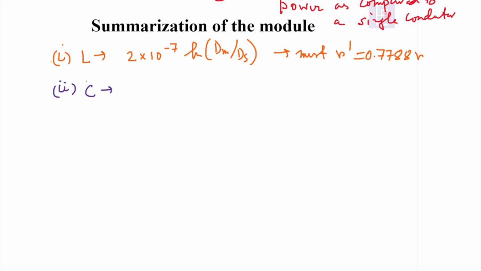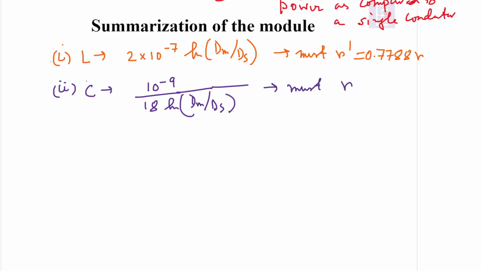In case of a capacitance calculation, the formula derived was 10 to the power minus 9 by 18 ln Dm by Ds. Now you must use R, not R dash, in case of a capacitance calculation.